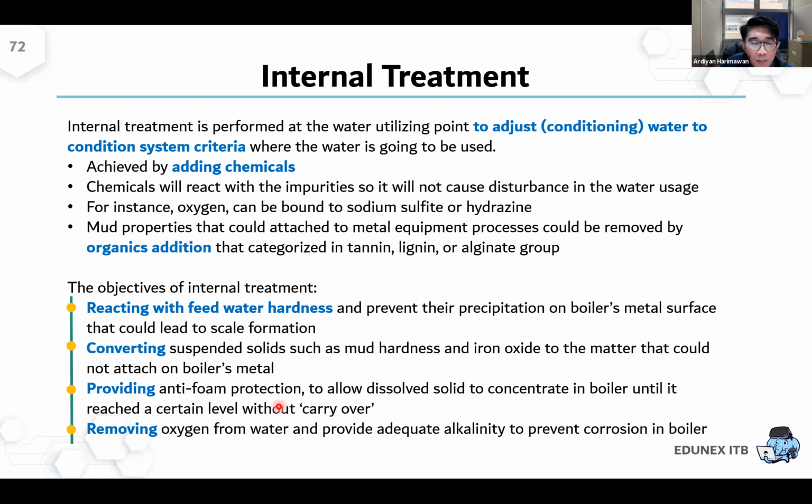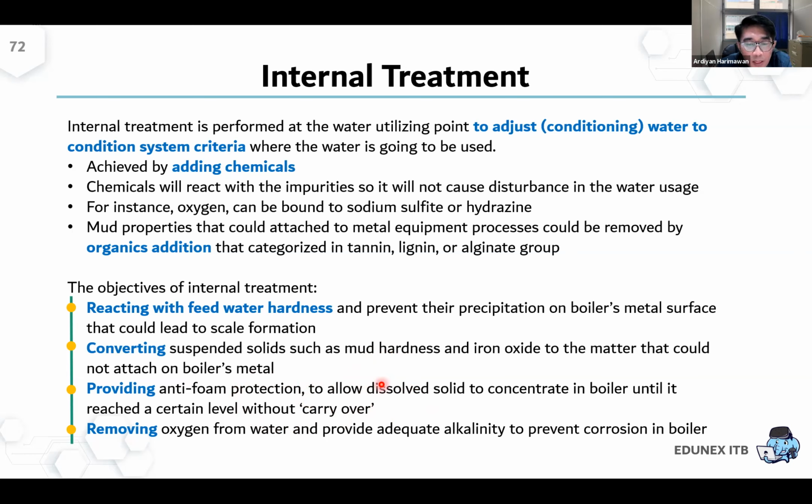Foam comes from the organic components in the water. When it is being boiled in the boiler, and also due to the flow rate, the organic components will create foams. Foam is a type of suspension, right?